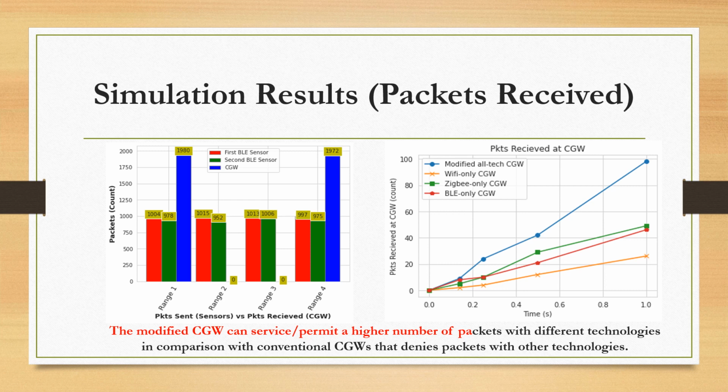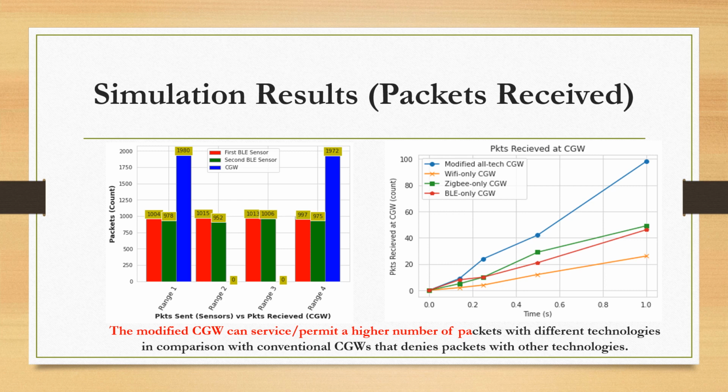As we can see here, we are capturing the packets sent and the packets received at the capillary gateway for the Bluetooth sensors only. And as you can see, the range 1 capillary gateway, which is the modified capillary gateway, has received all the Bluetooth packets.